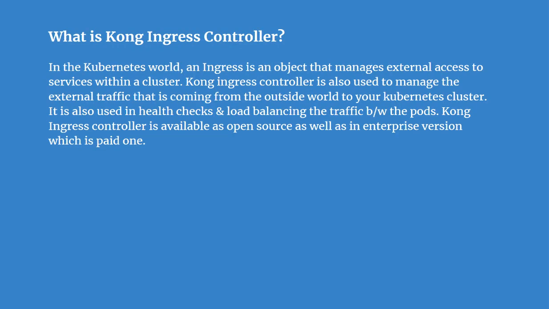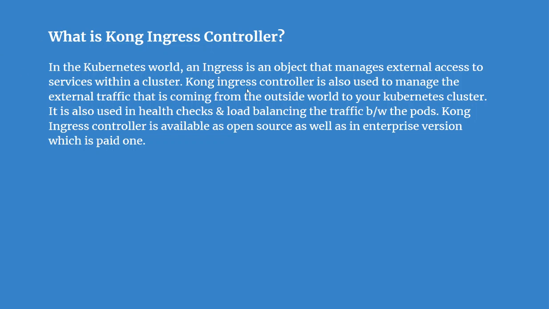First, we will see what this Kong ingress controller is. In Kubernetes, to provide an API or path to our customers who are outside, and how they can communicate with our Kubernetes cluster, we use the ingress, and there are many ingresses provided, like Nginx ingress and Application Gateway. Many are there.